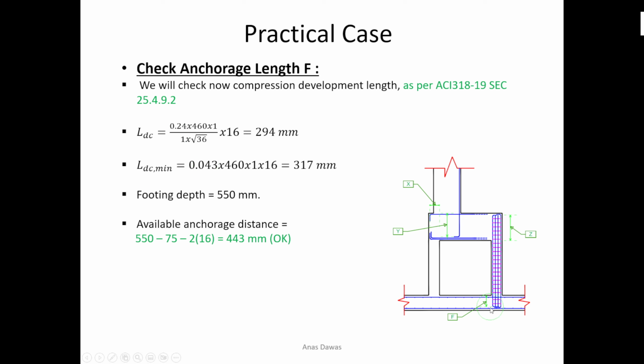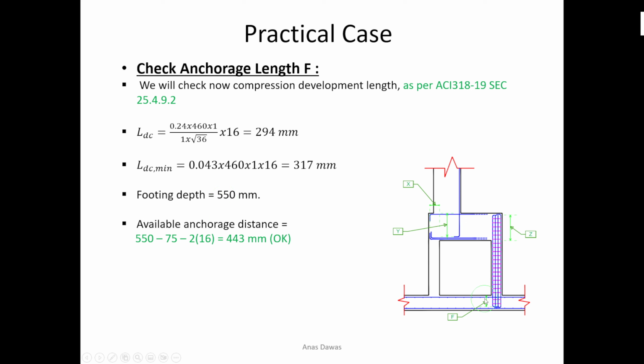So here we also have a 16 millimeter diameter for the column, so LDC we can apply straightforwardly. I need a minimum LDC of 294 millimeter, and the minimum LDC is 317 millimeter. Footing depth is equal to 55 centimeter or 550 millimeter.